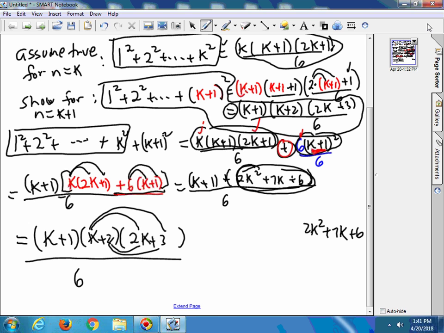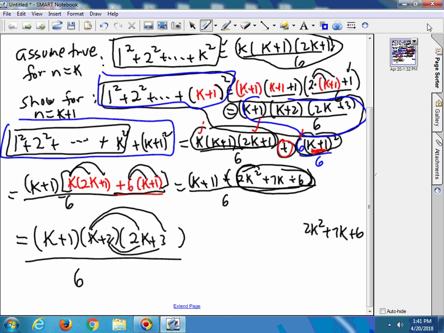And what we wanted to show is that the sum of the squares of the first k plus 1 integers, which is this right here, equals this.